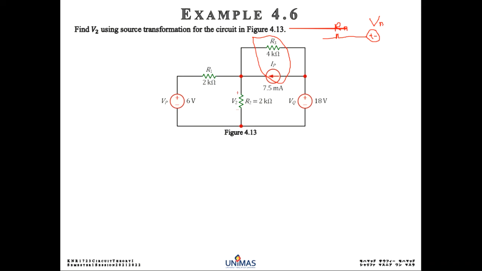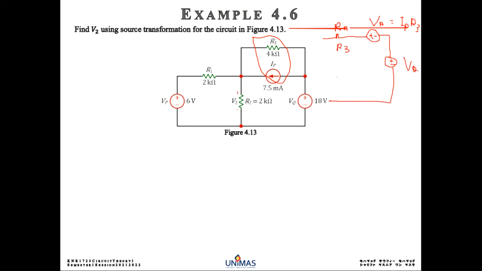So you know that RA is equal to R3 and VA is equal to IP R3. So you ada idea dah apa nak buat. Okay, VA is equal to IP R3. Once you get that, you can combine it with the voltage source VQ.